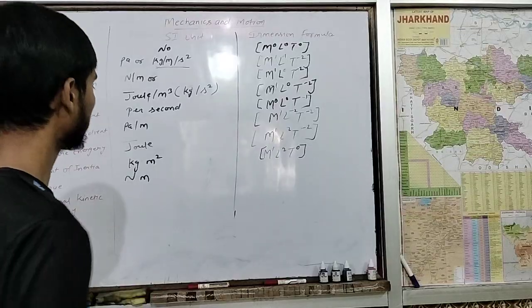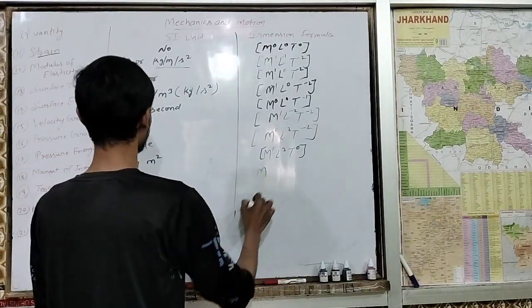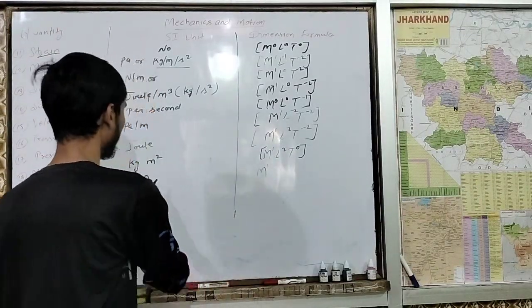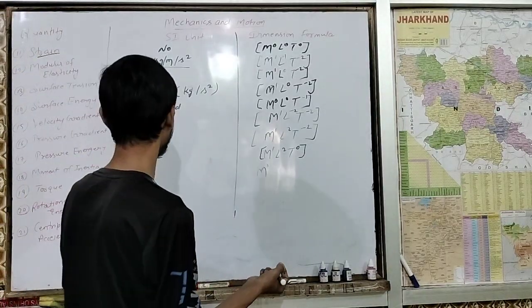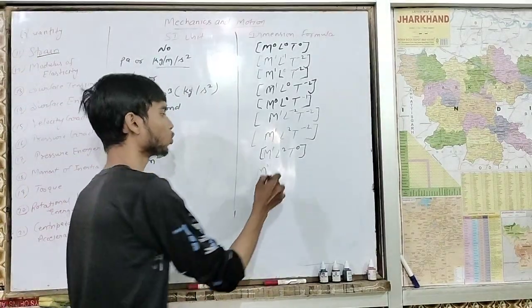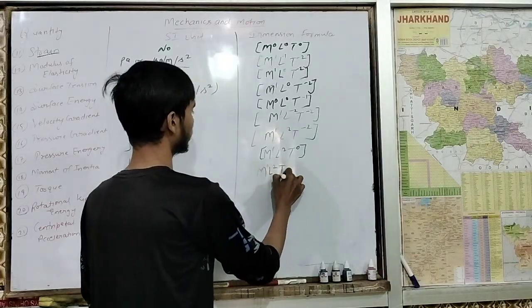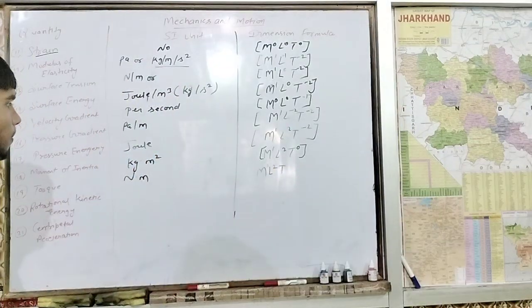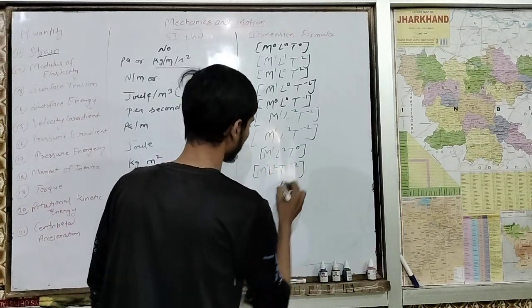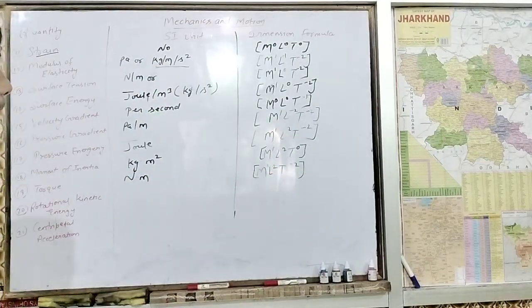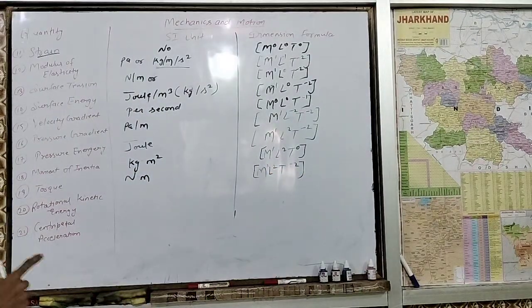For Newton, you know that M1, L1, so with the meter it will give you L2. Then T would be minus 2. This is M1, L2, T minus 2 for torque.